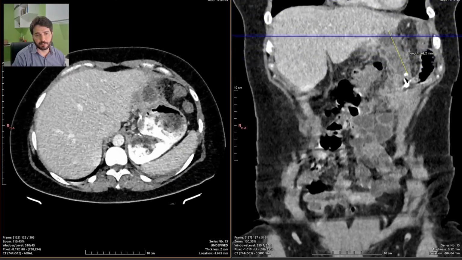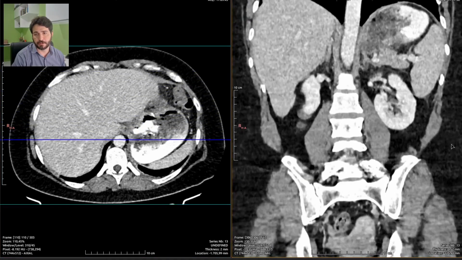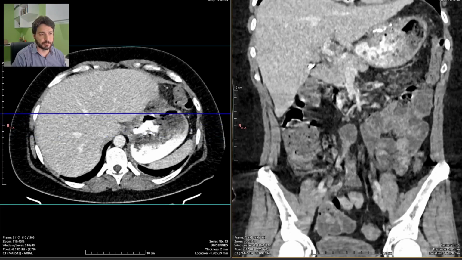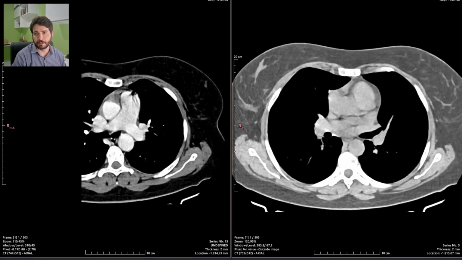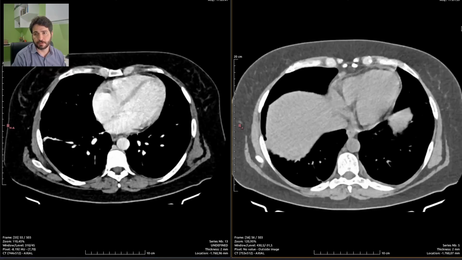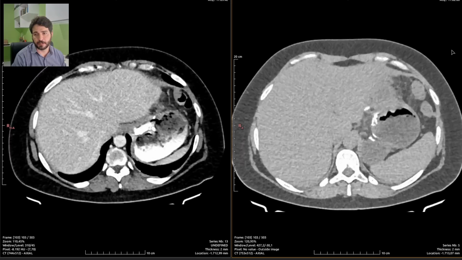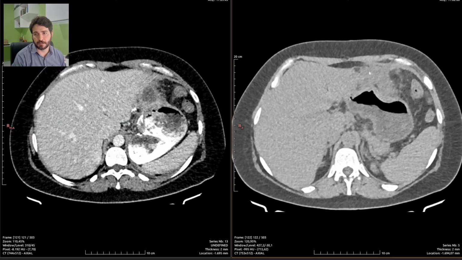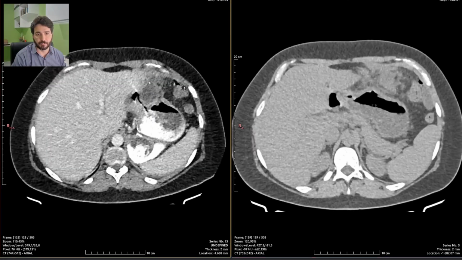On the contrary, usually this has to be severe disease, really brutal disease, for the contrast to go from inside the stomach to outside into the abdominal cavity.